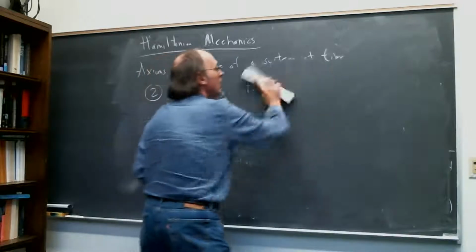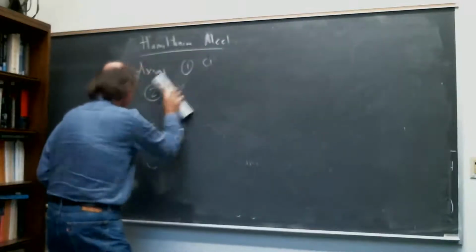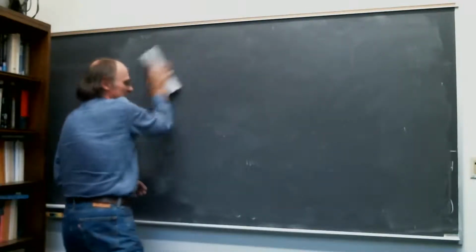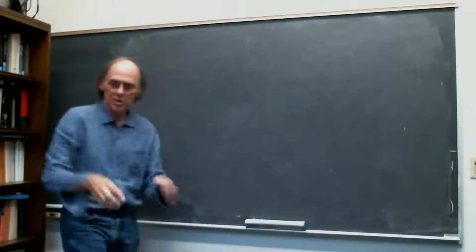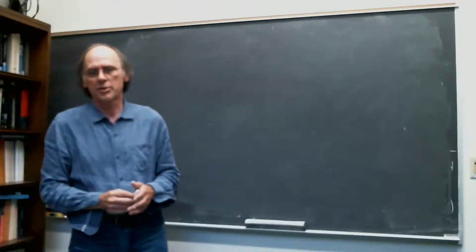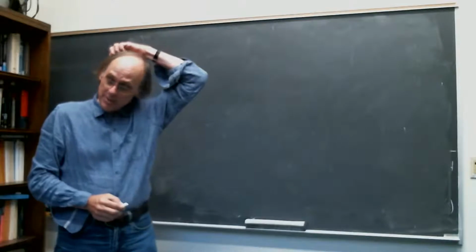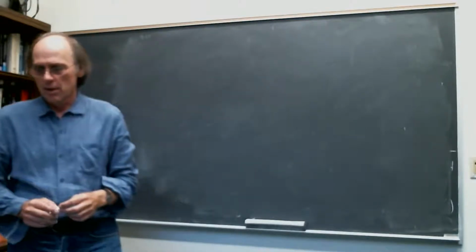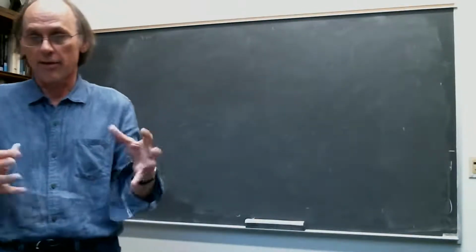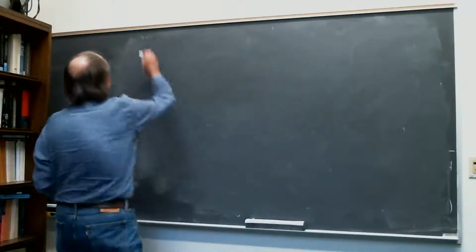Once you have this set up, you realize this is all going to be a story about functions on R^2d, but there's an interesting structure on functions on R^2d, which is the Poisson bracket.